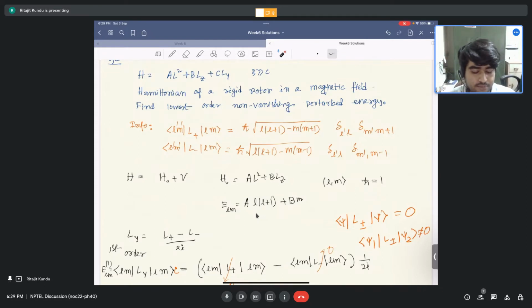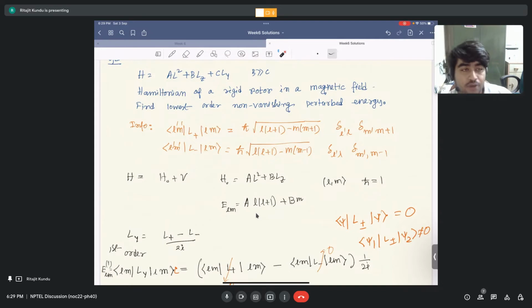Yes sir. I am saying that if we know the matrix representation of Ly in the LM basis, then can we do that? Yeah, then you can do that. You have to first write Ly in the basis of LM, but you will see very quickly that there are diagonal elements and off diagonal elements, which will contribute to your first order and second order respectively.